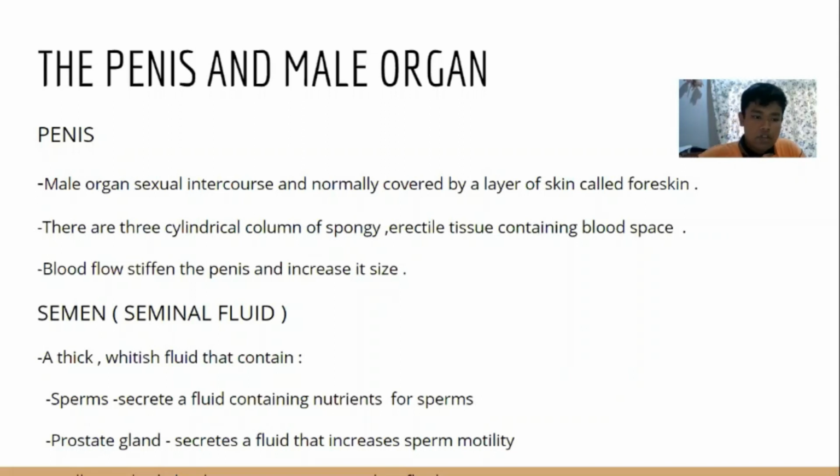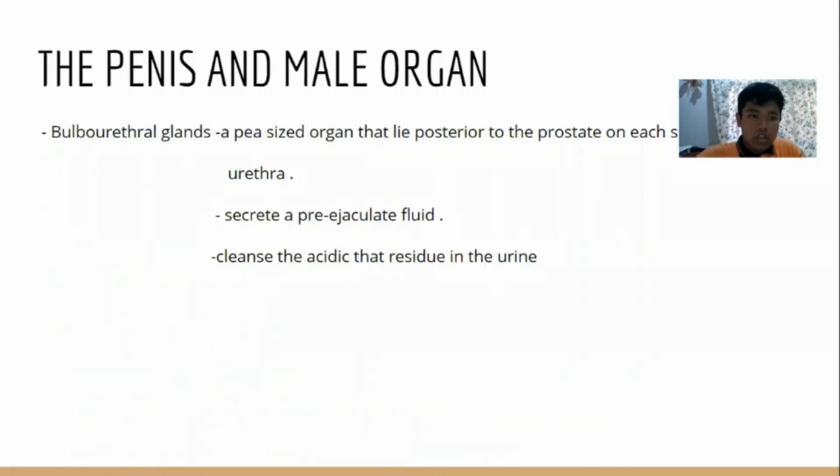As for the bulbourethral gland, it's a pea-sized organ that lies posterior to each side of the urethra, and it secretes a pre-ejaculate fluid. The function of the bulbourethral gland is to neutralize any residual acidity in the urethra.